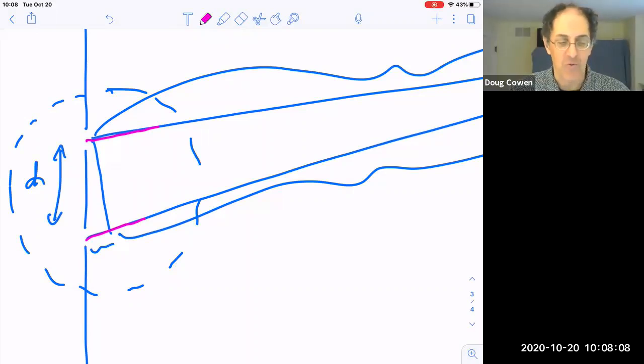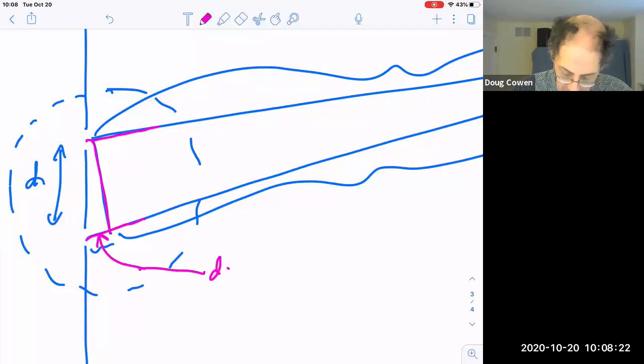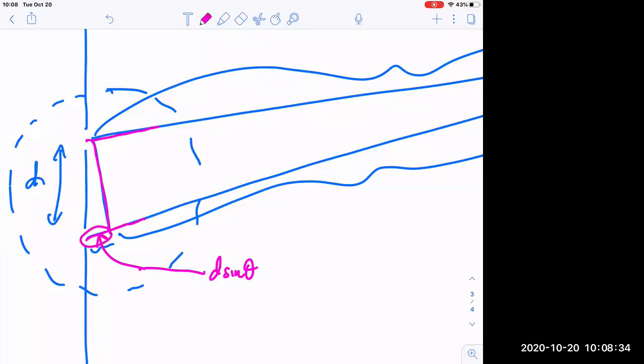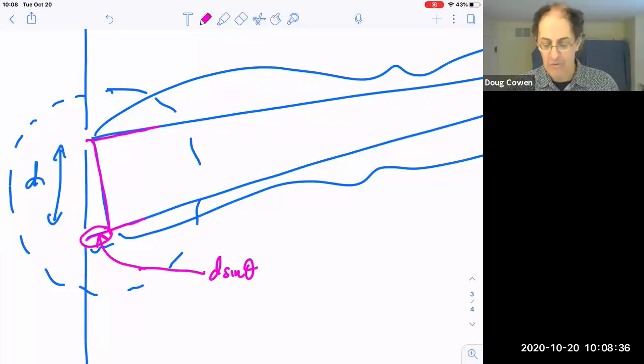I think they're just drawn to be parallel in order to justify saying that this is d sine theta. So at small enough angles, these two lines are effectively parallel, and therefore you can use trigonometry to figure out that d sine theta is indeed that delta r.